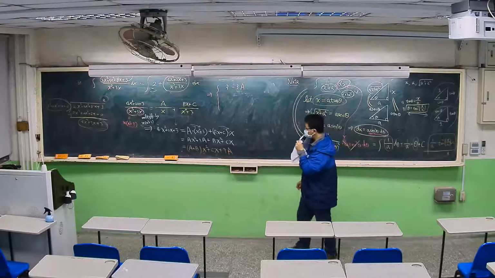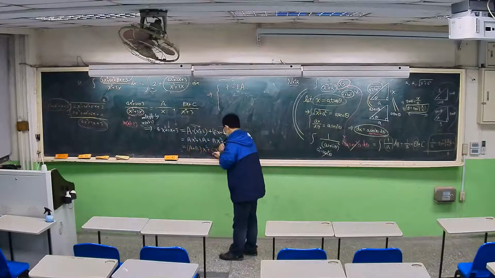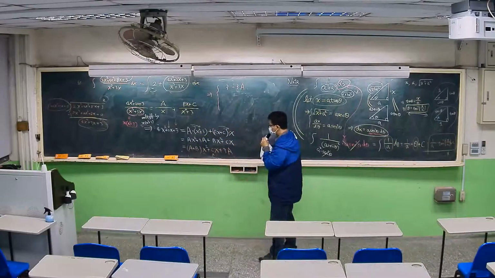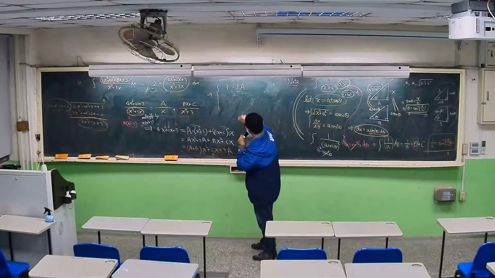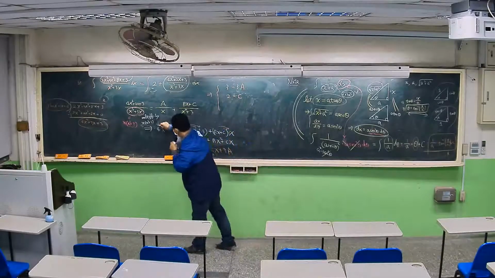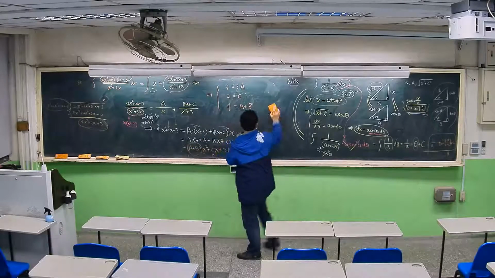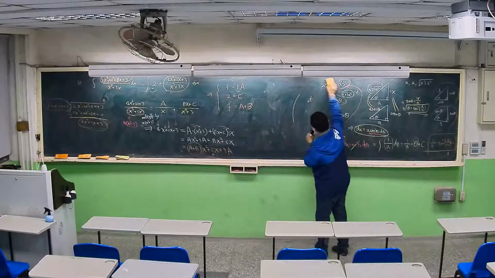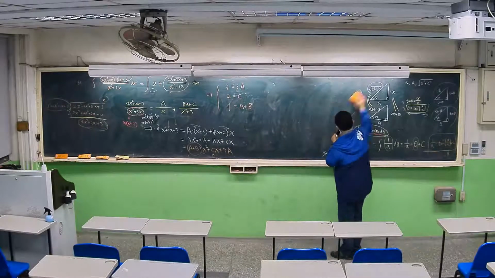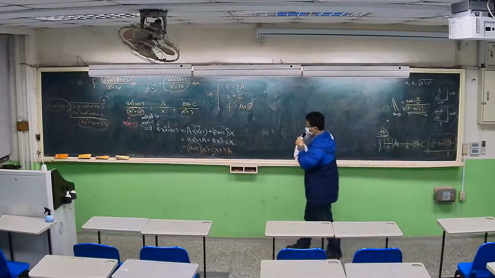Now for the degree 1 coefficient, for x, its coefficient is also the same: 2 equals C. For the x squared, its coefficient is also the same: comparing coefficients, 4 equals A plus B. Since this equation holds for any x, we could use the compare coefficient way to solve it.